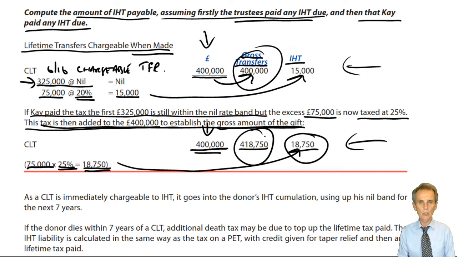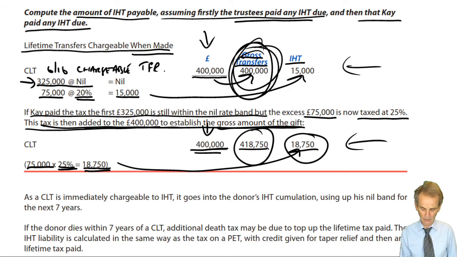And you need to know what figure to put into that computation on lifetime transfers chargeable on death for the CLT. And the figure that we'll always be using is the gross amount. So you need to know whether that gross amount is 400,000 or is 418,750.